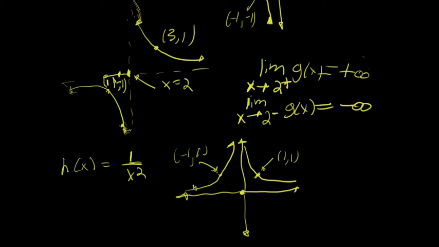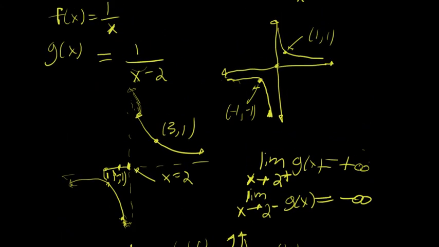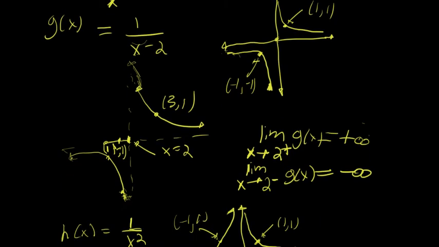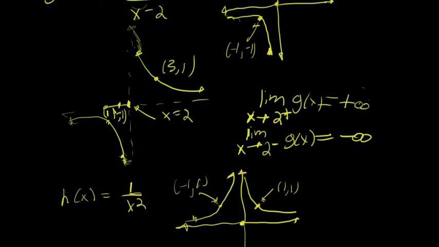It looks almost as if 1 over x, which is up here, it looks like this portion in the third quadrant has been flipped over the x-axis, but it's not quite right because the slopes are different here.